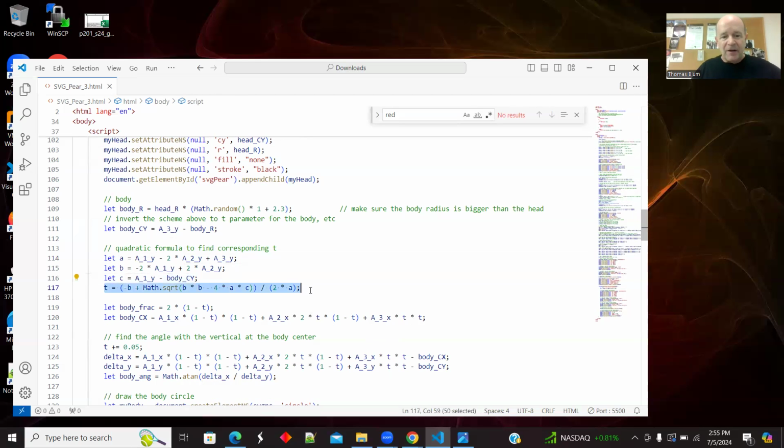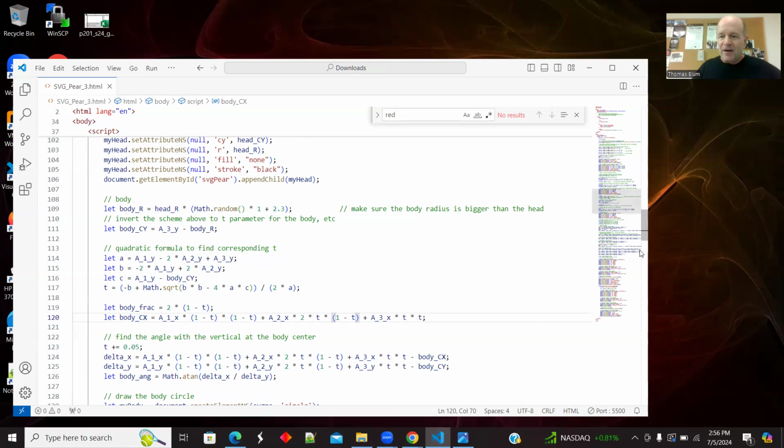And then I use one of the solutions to the quadratic formula to find the T. And then I can find the fraction of my axis parameter T that it is taking up, and also find the horizontal center by using that T.